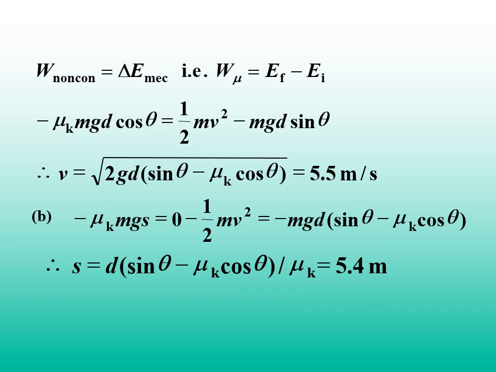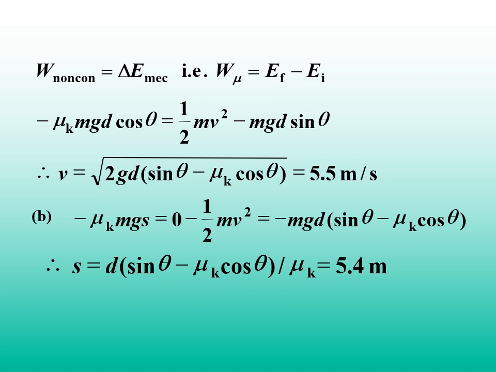At the level floor, the friction force is mu k mg. The work done by this non-conservative force is minus mu k mg times the distance s. The initial velocity is 5.5 meters per second.